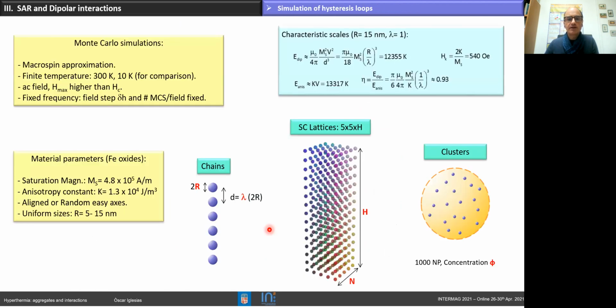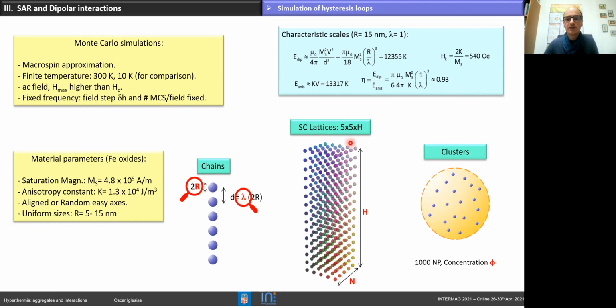So in order to better understand all this, I will show you results of simulations of different configurations of a particle assembly, starting from chains characterized by particles of radius r, and separation characterized by the parameter lambda, which is 1 for particles in close contact.